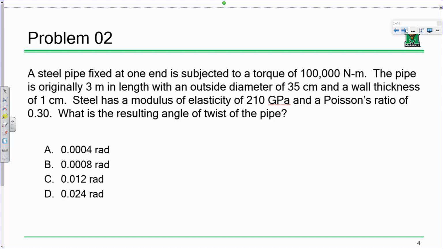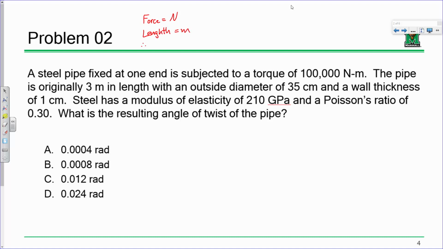Okay, right off the bat, before we even do anything, I'm going to do the same thing on this problem. I'm going to say that force is in newtons and length is also in meters.